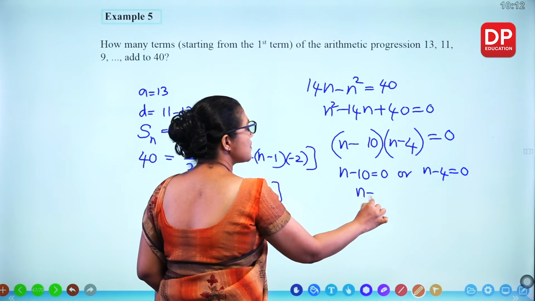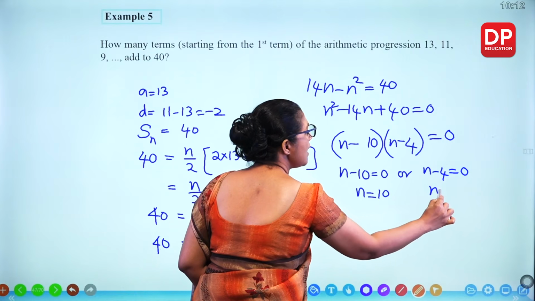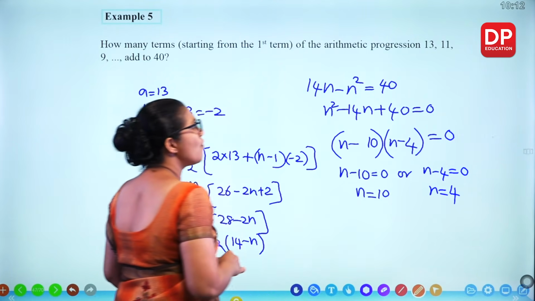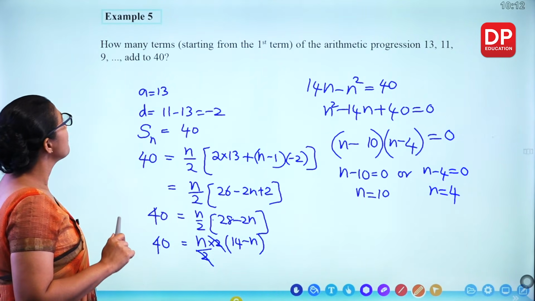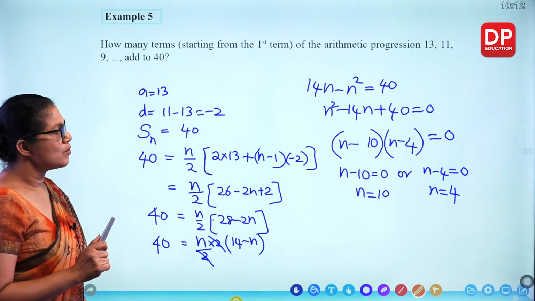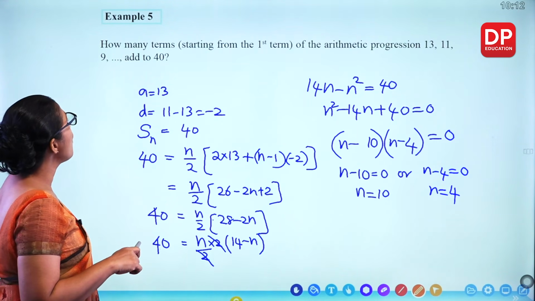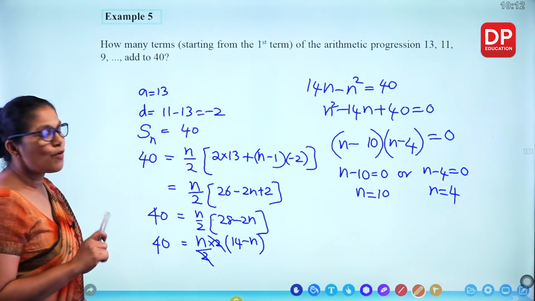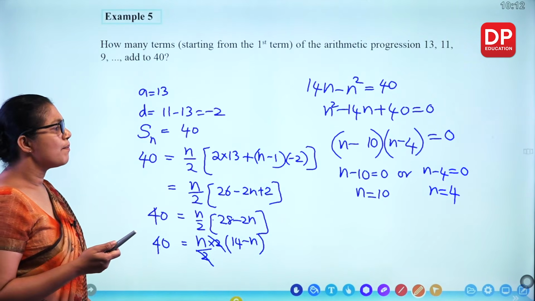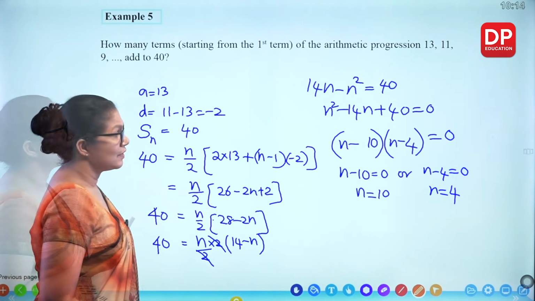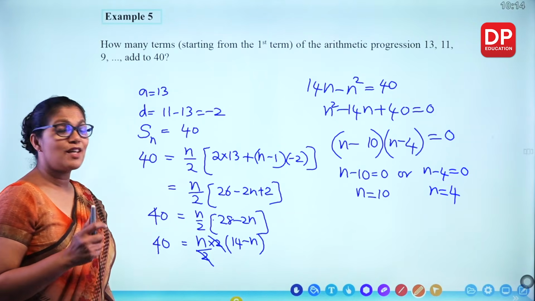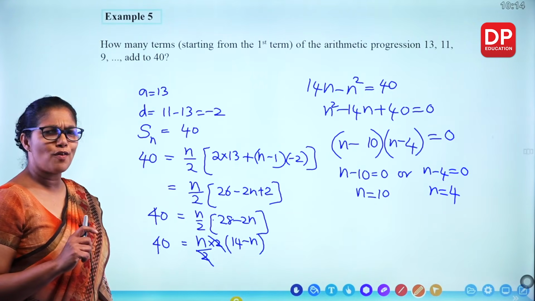So n becomes 10 or n equals 4. So in this question, you get two solutions. When you add 10 terms also, the sum is 40, and when you add 4 terms also, you get sum 40. So now you get two solutions, n equals 10 or n equals 4.